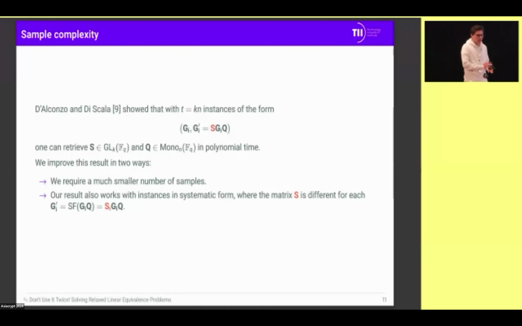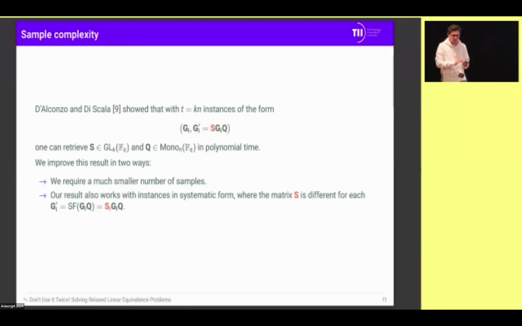What was done before was by Alfonso and Scala, who analyzed a setup for linear code equivalence. In that case, you have a matrix of size K times M, and they prove that with K times M, this T equal to that T, then you can recover the secret key. But they were assuming that you have the same S on the left side and the same Q on the right side.